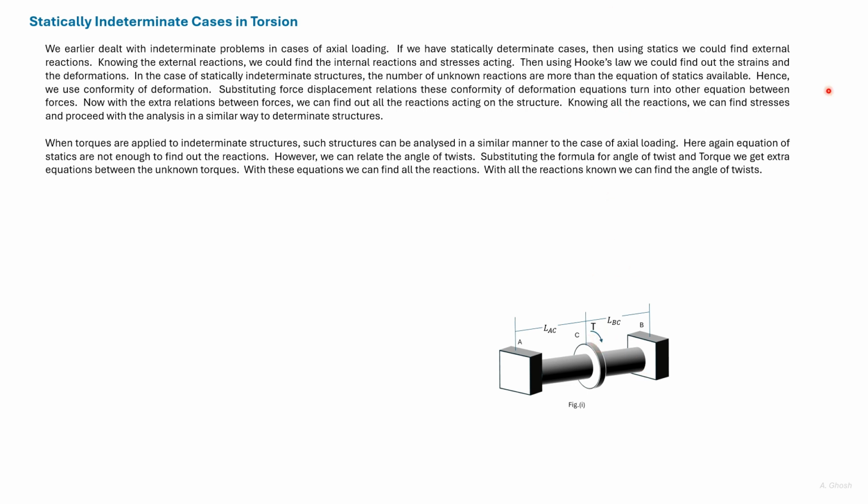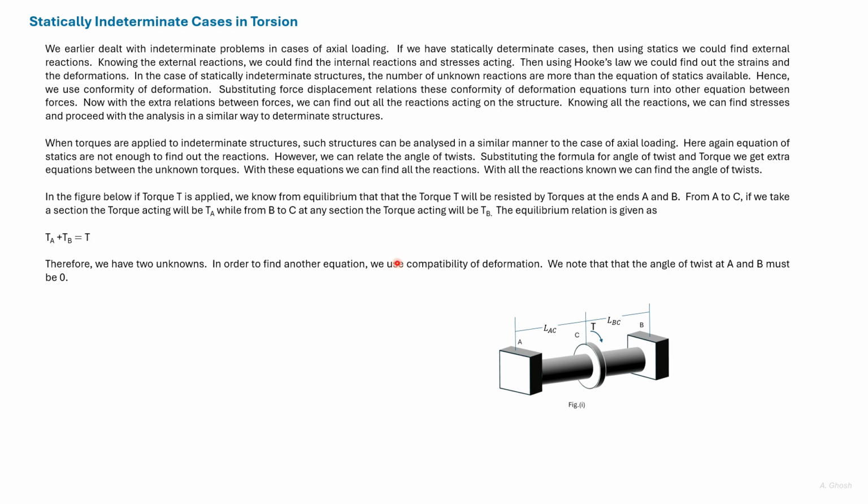So from statics we get TA plus TB is equal to torque applied at C or P. Here we have two unknowns, so we can't find the external reactions TA and TB directly.